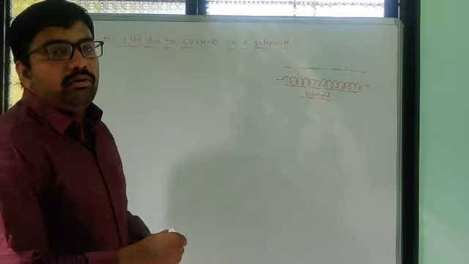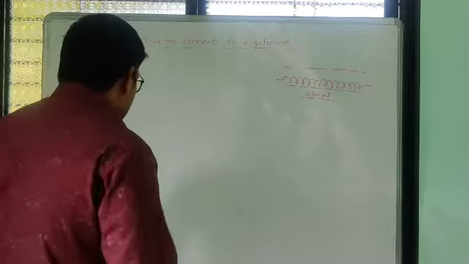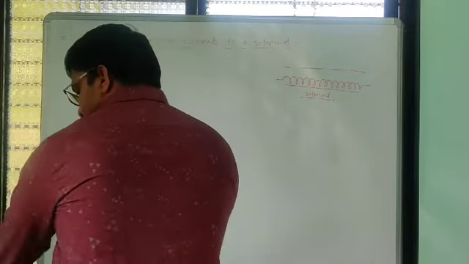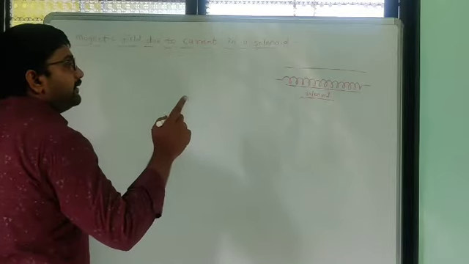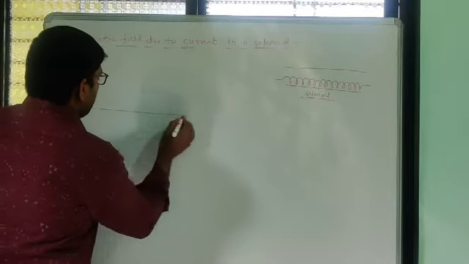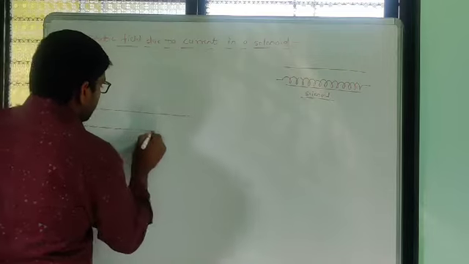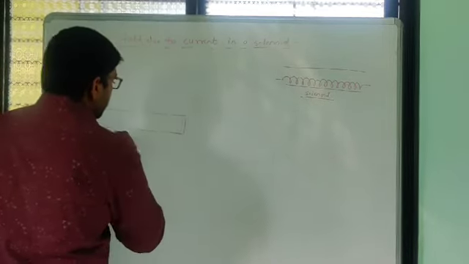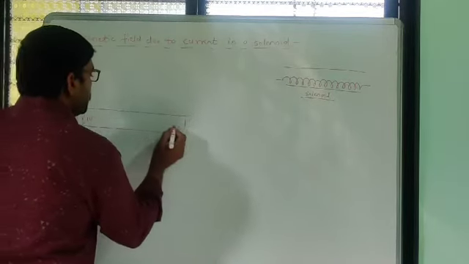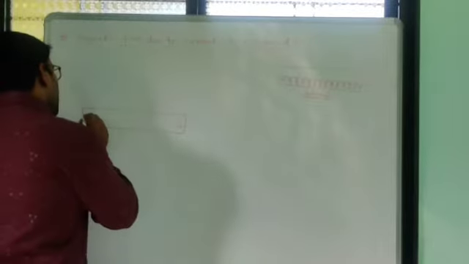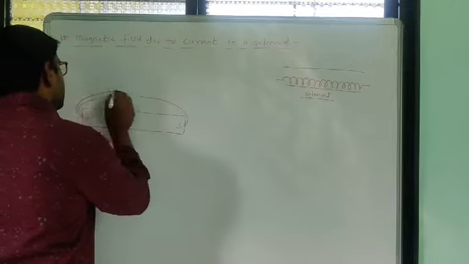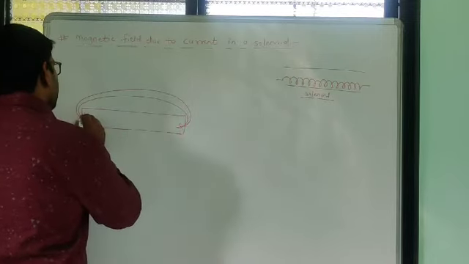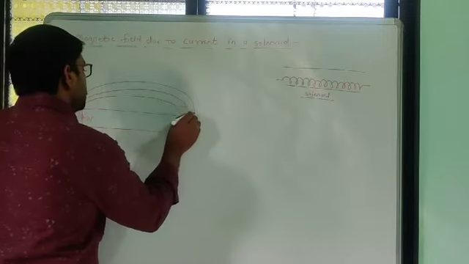Now we have already studied the magnetic field through a bar magnet. Suppose this is a bar magnet, then this is the north pole and this is the south pole. Around this bar magnet, a magnetic field is present. That we have already studied.